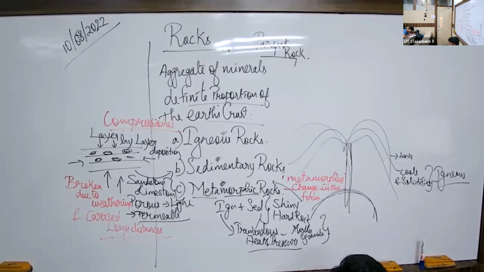Just cross check. Basalt. Sandstone and limestone. They have given basalt. Then you write granite, feldspar. You know what is feldspar, right? F-E-L-D, feldspar, etc.